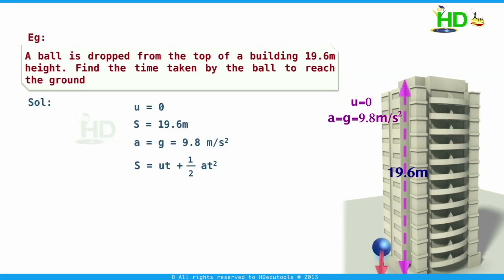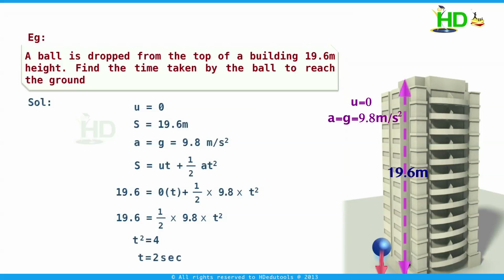Substituting all these values, we get 19.6 is equal to 0 into t plus 1 by 2 into 9.8 into t square, or 19.6 is equal to 1 by 2 into 9.8 into t square. From this, t square equals 4, t equals 2 seconds. That means a body which is dropped from a height 19.6 meters takes 2 seconds to reach the ground.